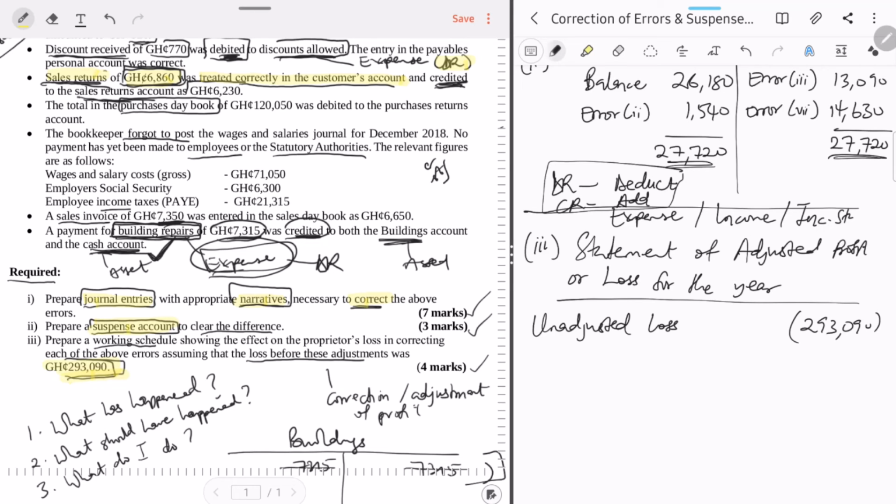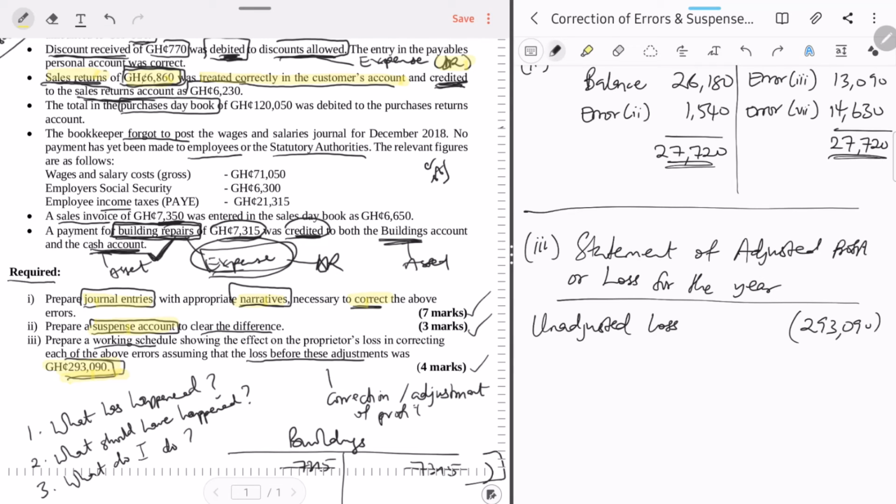If you are trying to correct the profits for the period, all you need to do is tell yourself two things. First thing is, find out, does the item relate to an expense or an income or any item that affects the income statement? That's the first step. The next is that if it was corrected by way of a debit, you will just come and deduct it from here. If it was corrected by way of a credit, you add.